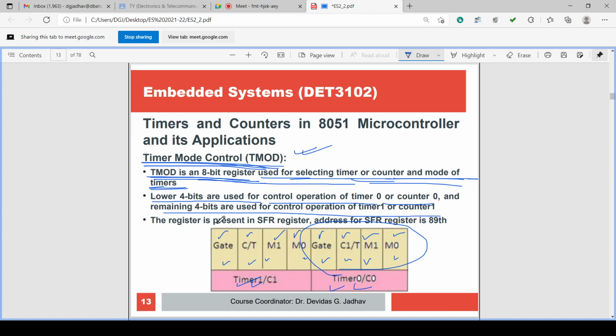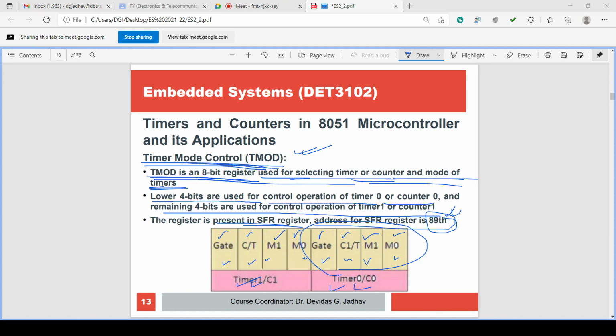The register is present in the SFR, the special function register area. The address for this register is 89.